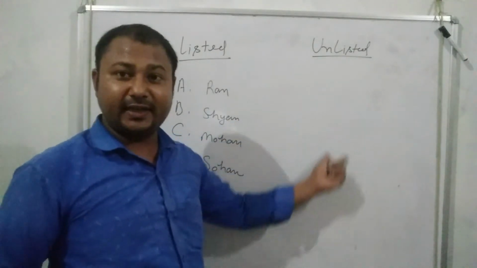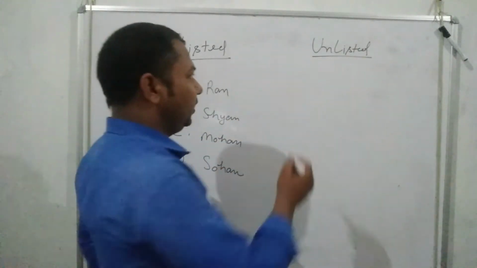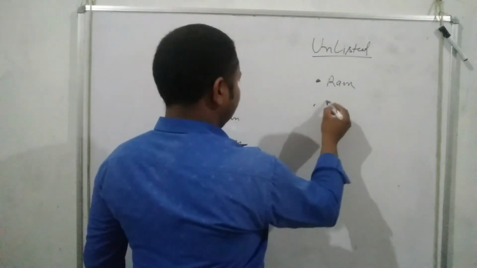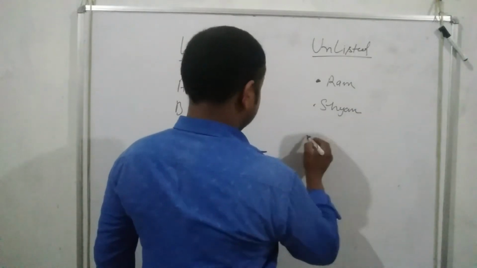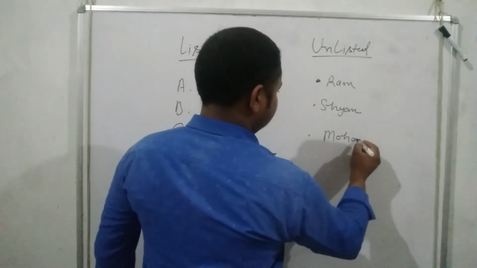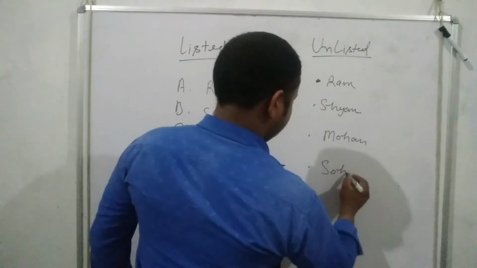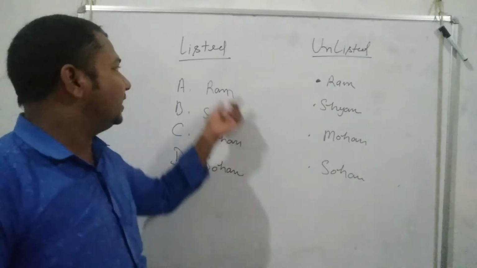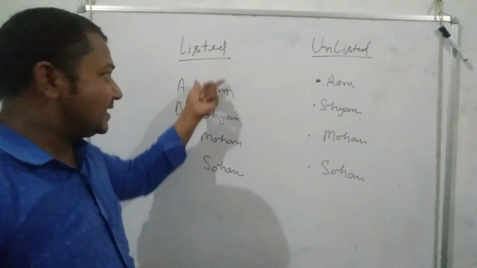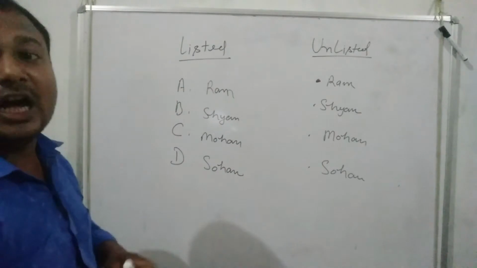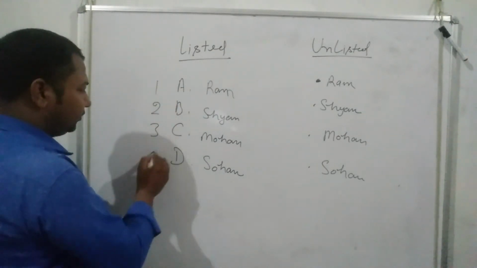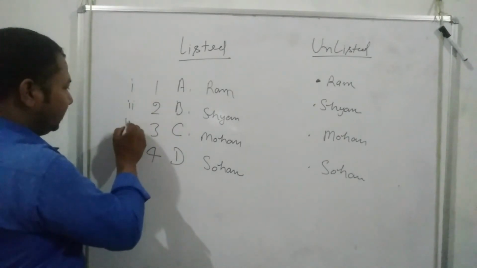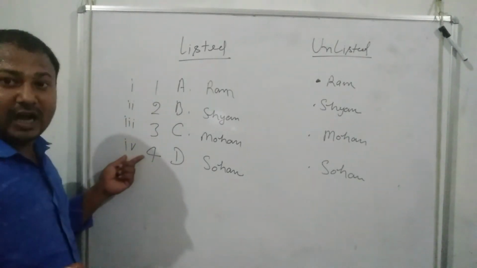In unlisted, only bullets are used. Only bullets like this: Ram, Syam, Mohan, Sohan. So you are getting the difference between listed and unlisted. In listed, A, B, C, D, or 1, 2, 3, 4, or Roman numerals are used.